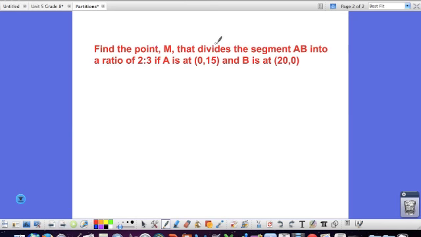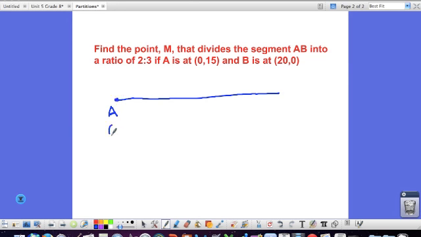Find the point M that divides the segment AB into a ratio of 2 to 3 if A is at 0,15 and B is at 20, 0. This is not going to be a straight horizontal line, but let me just picture that.